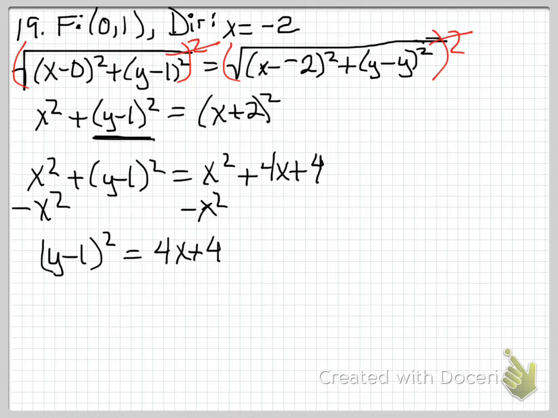So I'm not dividing both sides by 4. I'm only dividing the terms in that binomial by 4. So what I end up with is y minus 1 squared is equal to 4 times, 4x divided by 4 is x, and then 4 divided by 4 is 1, so we have plus 1.